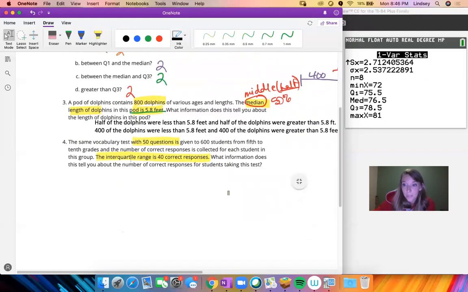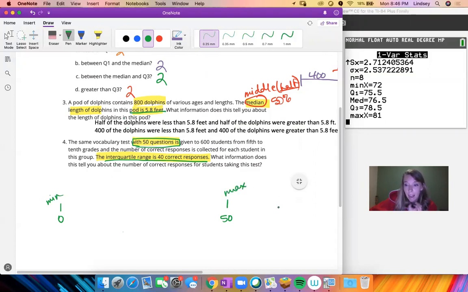Now, I just want you to sit and listen to this part right now. You can draw it at the end, but just really listen to what I'm saying. If my interquartile range is 40, and there are 50 total questions on this test, they could have gotten anywhere from 0 to 50 questions correct. That's my minimum, that's my maximum.